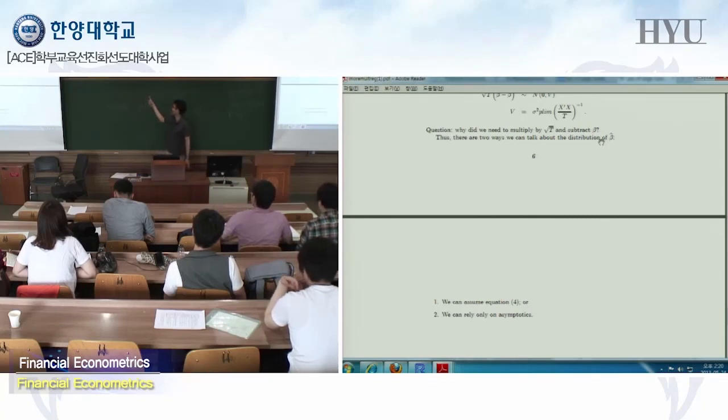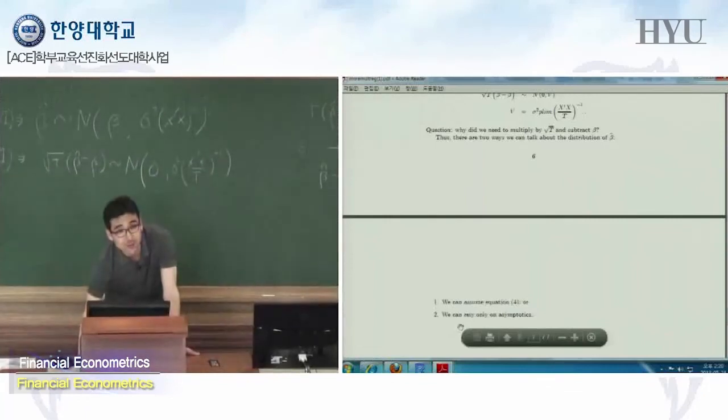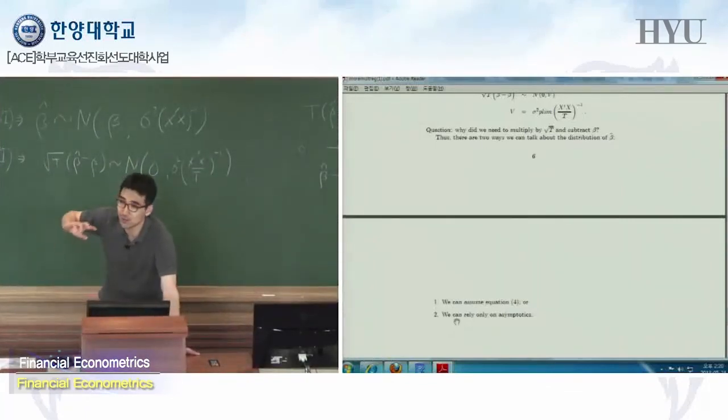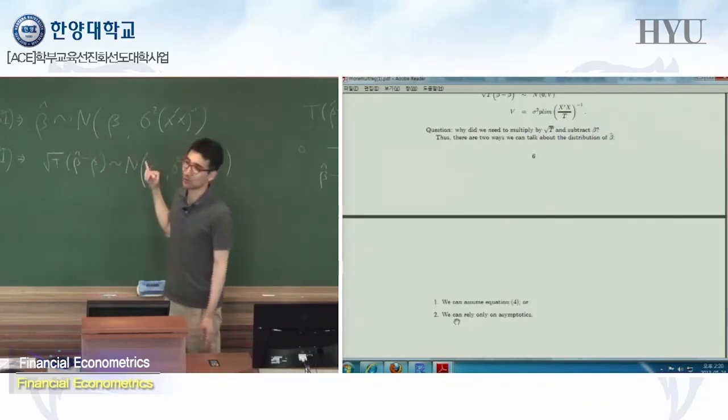If we assume this one, basically we are assuming that beta hat follows a normal distribution. That's fine. If we hate that assumption, we can rely on asymptotics. If we have enough samples, we still have something very similar to this one.